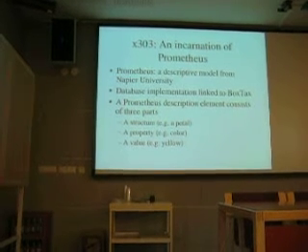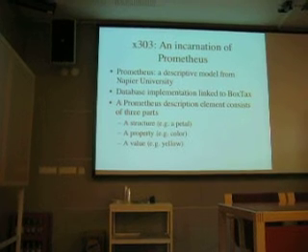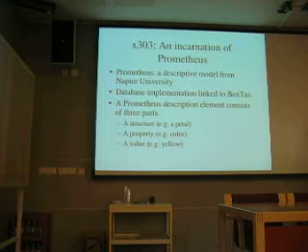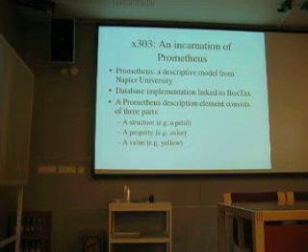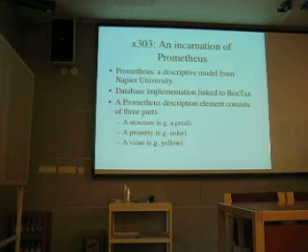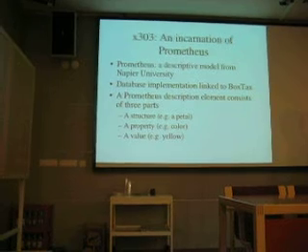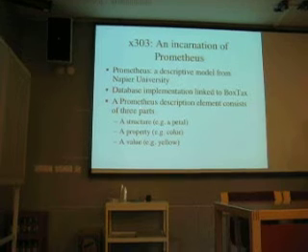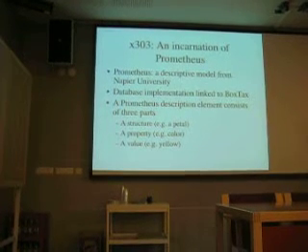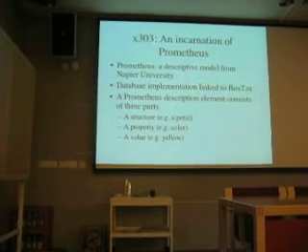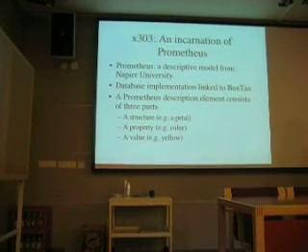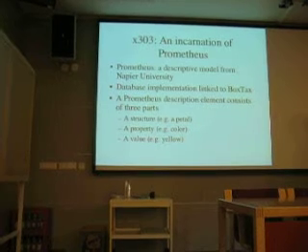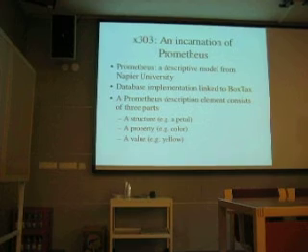Prometheus is a descriptive model from the Napier University in Edinburgh, and it's intended to be used for making formal descriptions of taxa, morphological descriptions, that is. And I think this is an important enterprise, because we have very much such descriptive data in taxonomy, but not in a very formalized way.